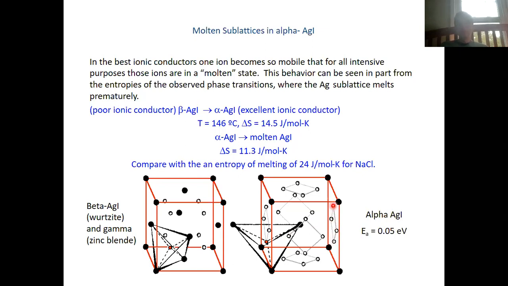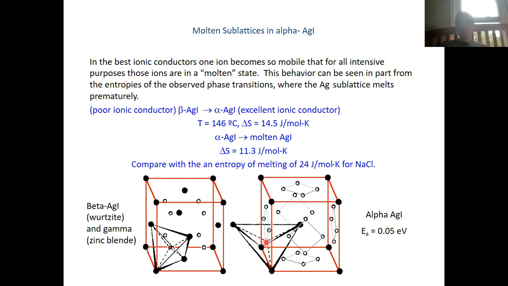So that gives 4 times 6 is equal to 24. But remember, each face is shared with a neighboring unit cell, so it's actually 12 per unit cell. Because of stoichiometry reasons, only 2 of the 12 sites actually need to be occupied.